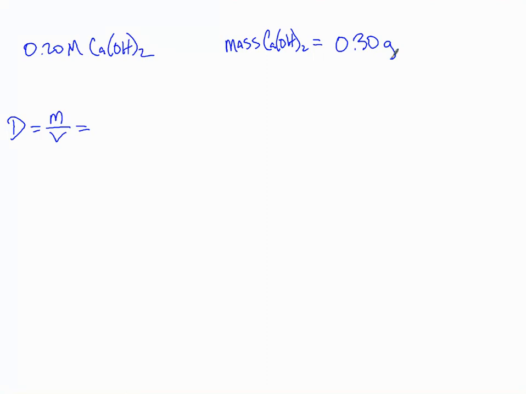Remember what the volume was? Look up the page. So we're rolling back to number 3, the third part of number 3. We found the volume of the solution when 0.30 grams of calcium hydroxide formed a 0.20 molar solution. And we found that the volume was 0.020 liters.